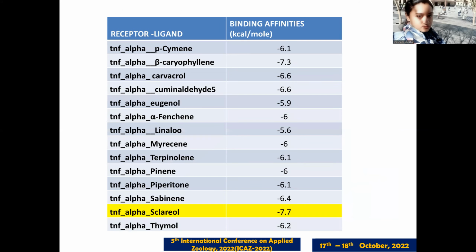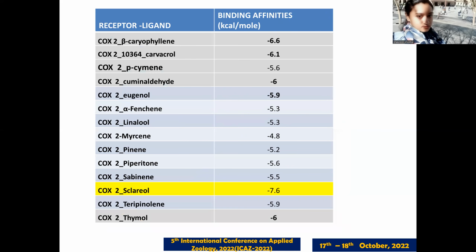Next, these are the binding interactions of TNF alpha with our target ligands, and you can see that secretiole gives the best docking score with TNF alpha, and out of the 14, almost all compounds give binding interaction with TNF alpha.